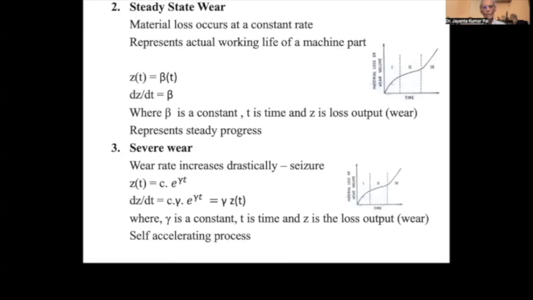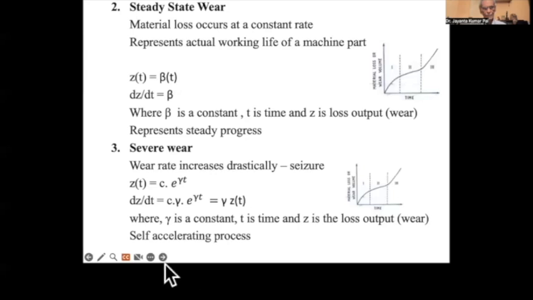And this is why for a newly bought machine or car, it is advised that beyond a certain time of run or mileage, we change the oil. This is because of this. The wear debris is harmful, and they should be changed so that new oil will arrest the process of wear.